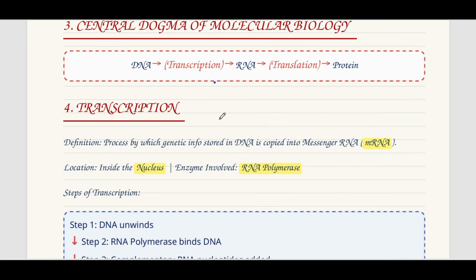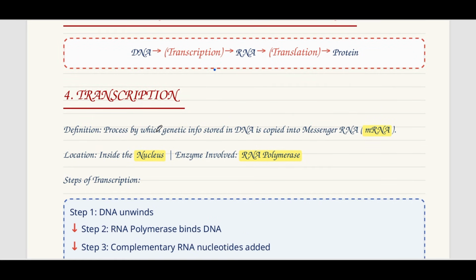What is transcription? We are going to learn about it now. Transcription is the process by which genetic information stored in DNA is copied into messenger RNA. Some genetic information is there in DNA, and that information will be carried by messenger RNA.